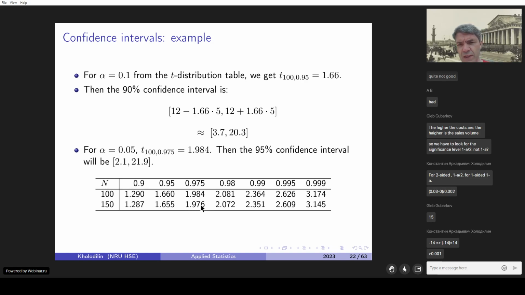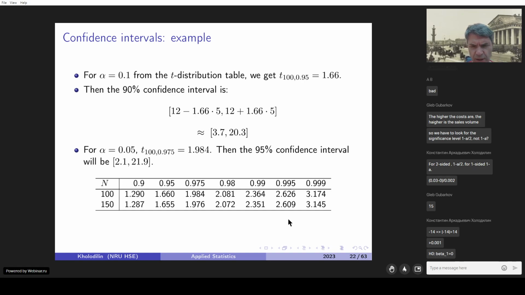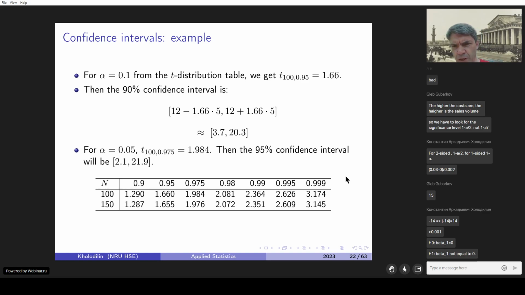Our null hypothesis was that beta 1 is equal to 0, and the alternative hypothesis was that beta 1 is not equal to 0. So if we obtain a very big t statistic, 15 in this case, then we can reject the null hypothesis. So we assume that the coefficient is statistically different from 0, and we accept the alternative hypothesis H1.